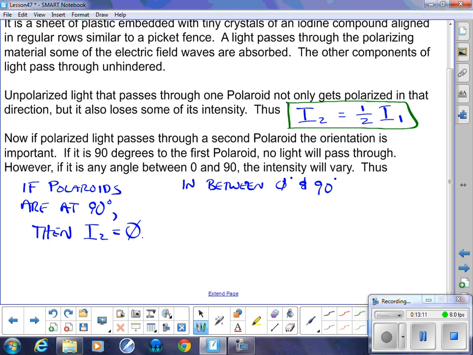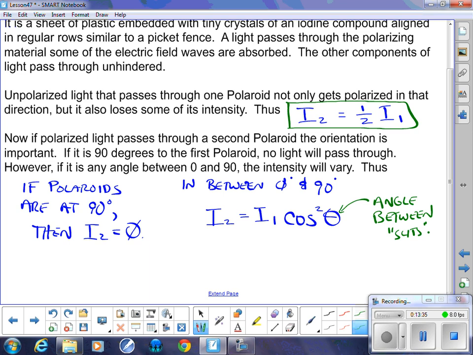Then the relationship that exists is that the new intensity is equal to your initial intensity times cos squared theta, and that is the angle between slits. Call it slits for now. It's not really a slit, it's the aligned crystals. So there is the formula for calculating new intensity.